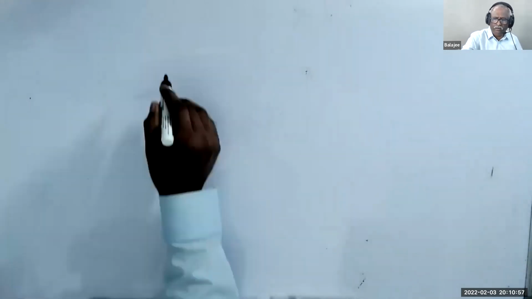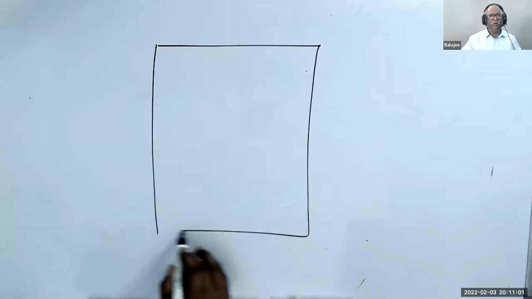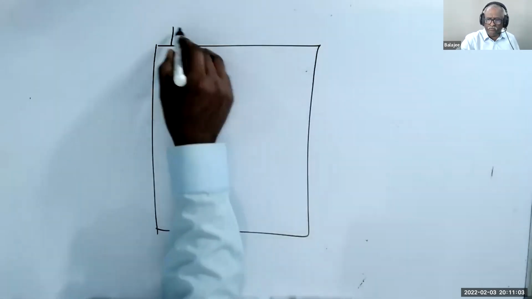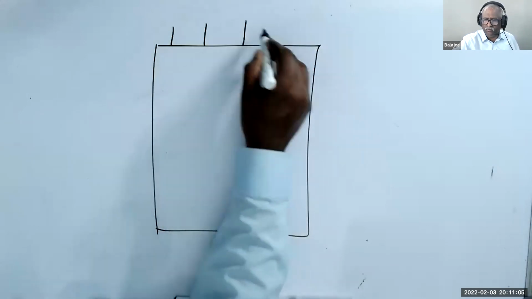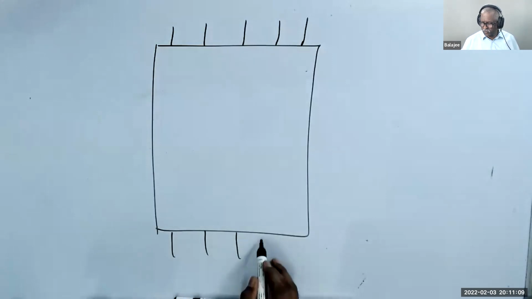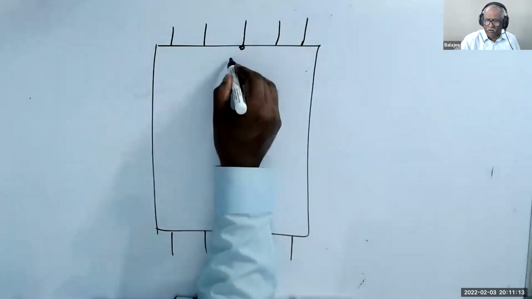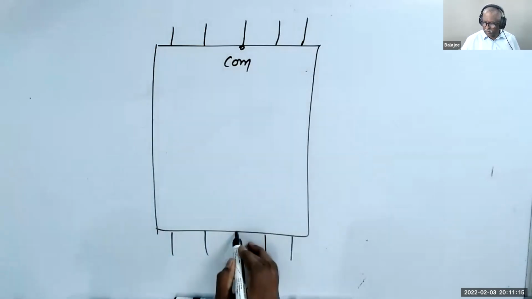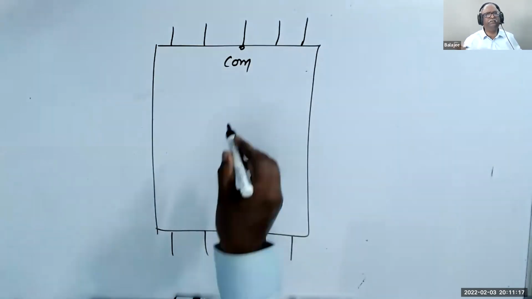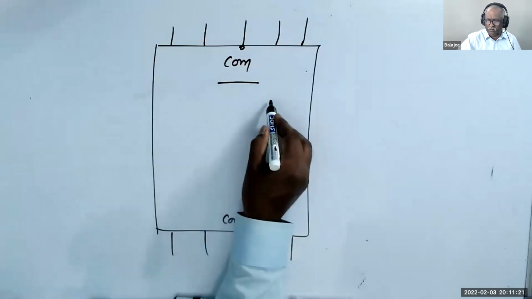That's nothing. So you have a display and we have so many pins. Like this is a common pin. This is a common pin. There are 2 common pins. And we have the displays here.